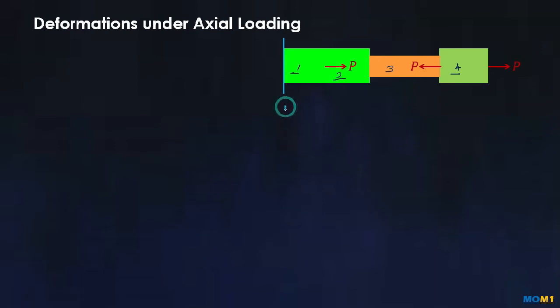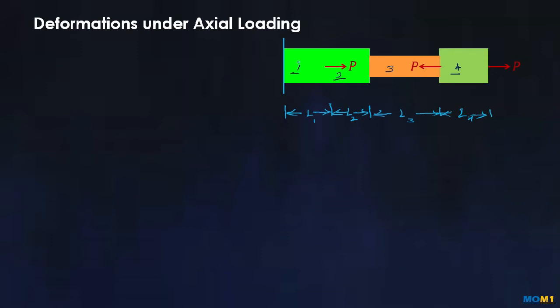Let's say from here to here the length is L1, for section 2 the length is L2, for the third section the length is L3, and for the fourth section the length is L4.